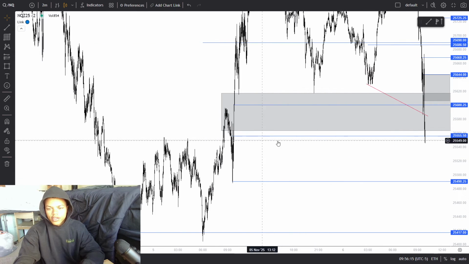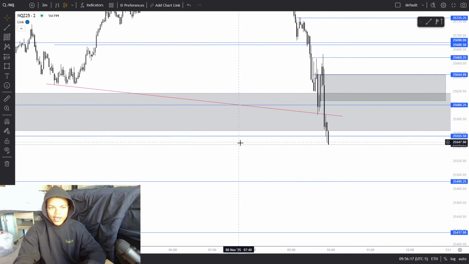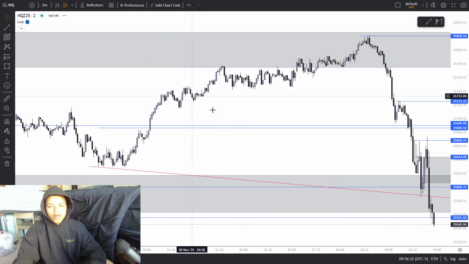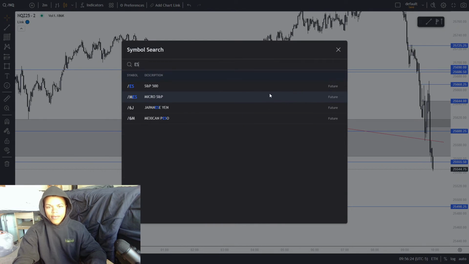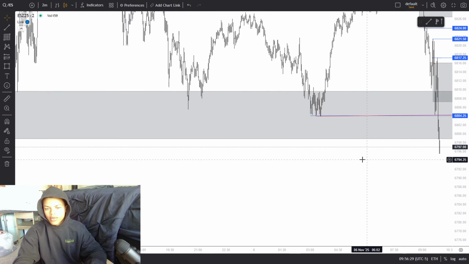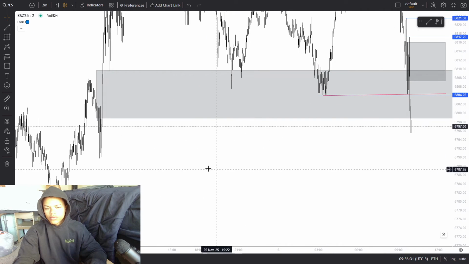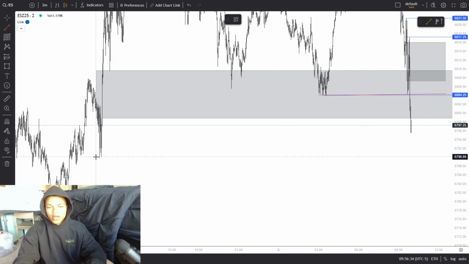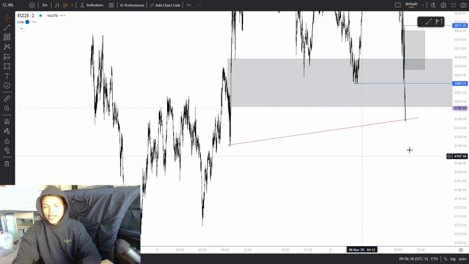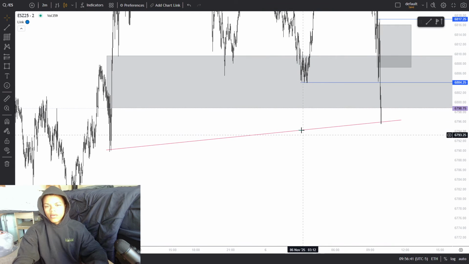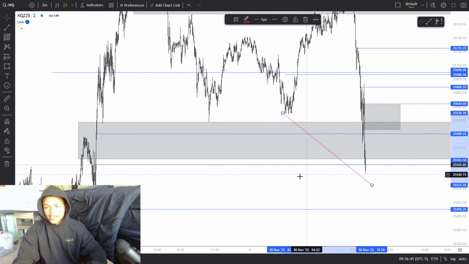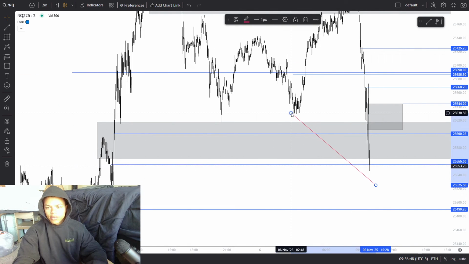It looks like we just inversed that. We could possibly be disrespecting this higher time frame gap. I could see us making an SMT between ES and NQ at these lows. Alright, so we do actually have SMT between these lows.